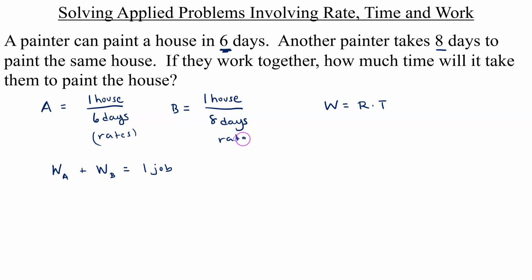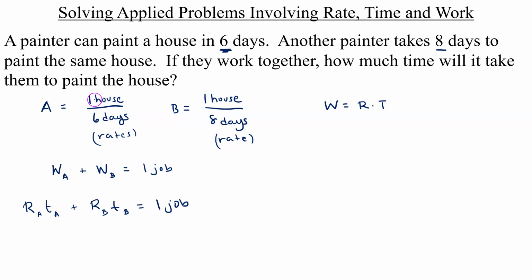So that's a rate and that's a rate. So we can replace work of Painter A with rate of Painter A times time that Painter A spent painting. And then same thing with worker B: his rate times his time. And that adds up to one job complete.